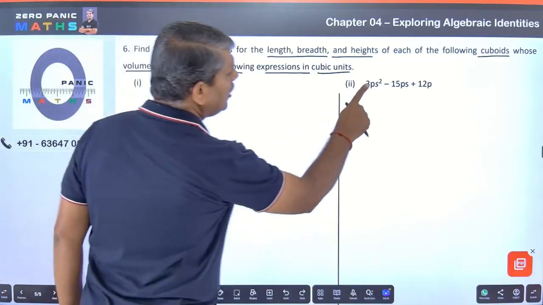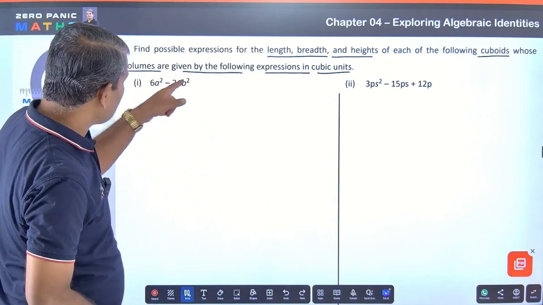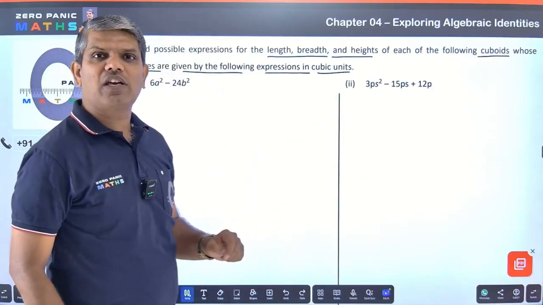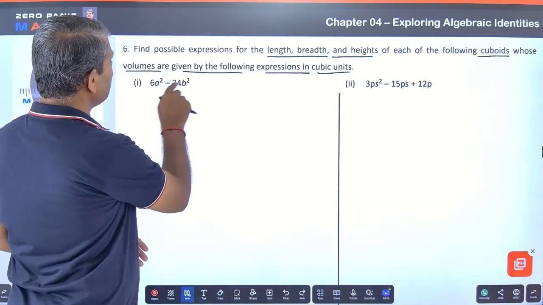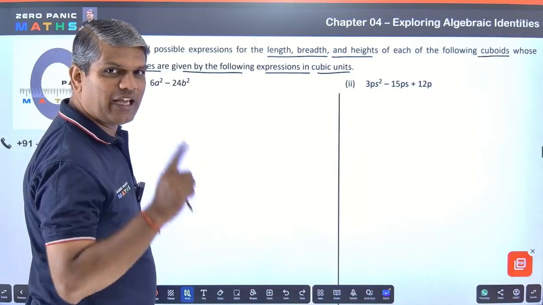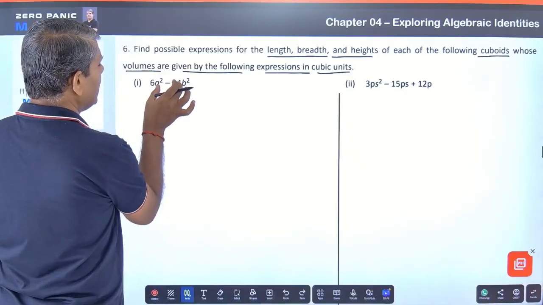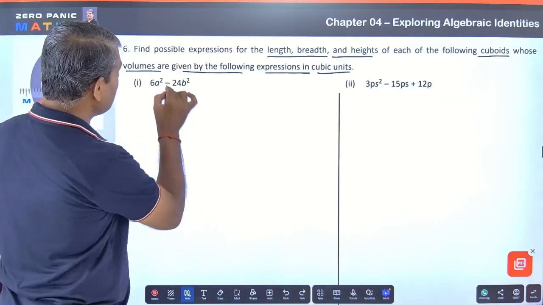Now, looking into these two expressions, you might be thinking that there is a square here. Okay, and here it is also looking like an expression which gives us a square. Then how are we saying that this is going to give us three factors? Okay, that is the catch here. Listen to me carefully. Before you resolve this expression to get three factors, take 6 out of this. 6 is common here.